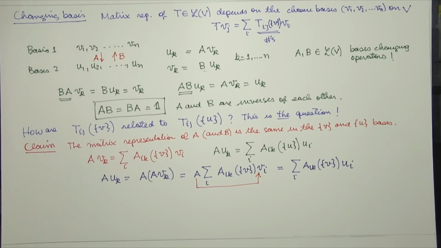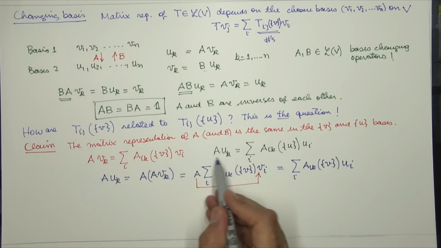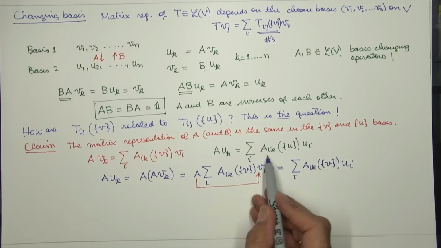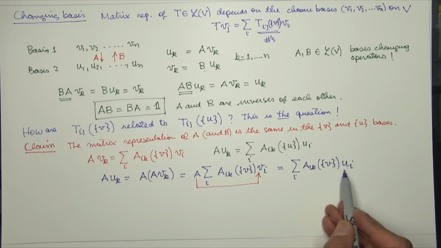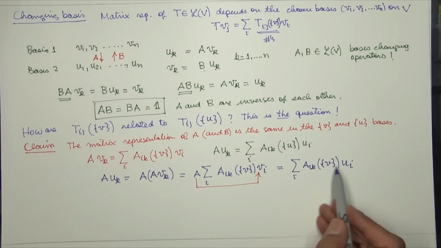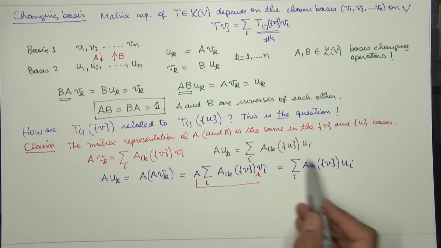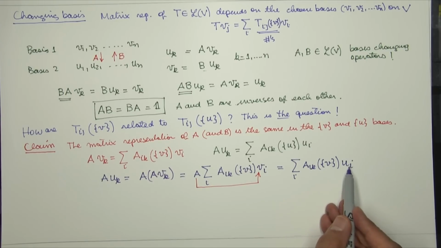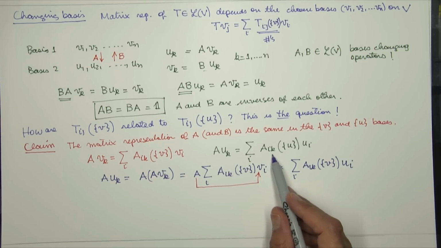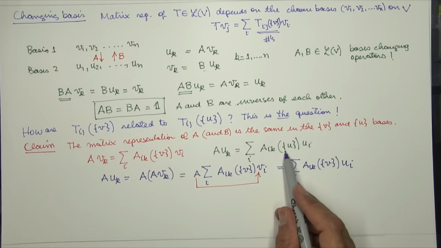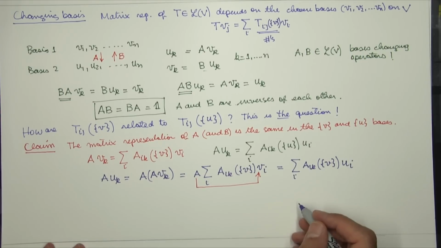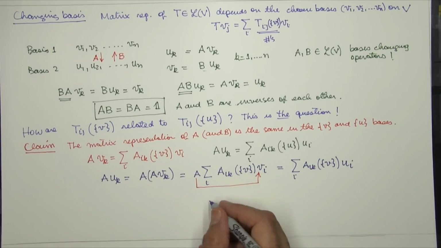But now you can simply compare and say, well, A on U_k is this, and it's equal to this. But these are exactly the same expressions, the same vectors, so the components must be exactly the same. These are, after all, basis vectors. So you've shown that A_ik of U and A_ik of V are the same. So indeed, that was our claim.